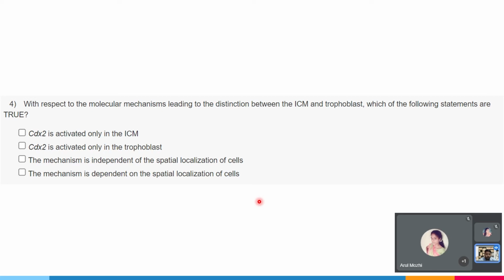So we said that after the process known as compaction, the interior cells form the inner cell mass, and the ones on the outside of the embryo form the trophoblast layer. So do you think we can choose between options 3 and 4, because they are exactly opposite to each other? Only one will be correct, at least that we can choose. The mechanism is independent of spatial localization, or the mechanism is dependent on spatial localization. Which do you think will be correct?